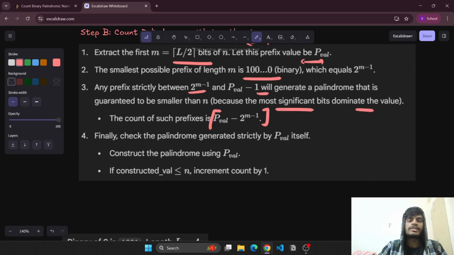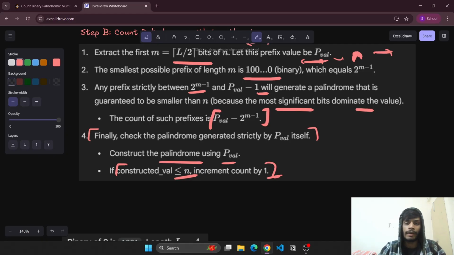And finally we'll check whether the palindrome generated by p-val itself is valid. We construct the palindrome using p-val, which remains the same as N for the first m bits, and if this constructed value is less than or equal to N, we'll simply increment our count by 1.